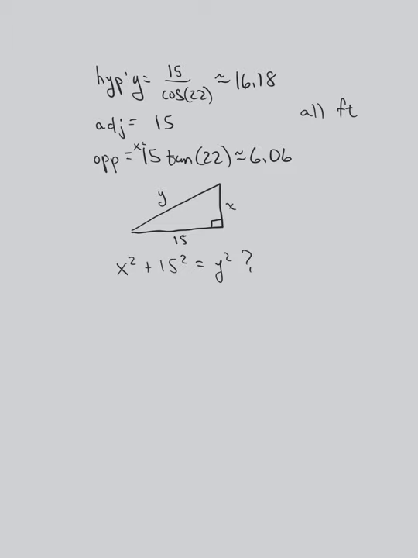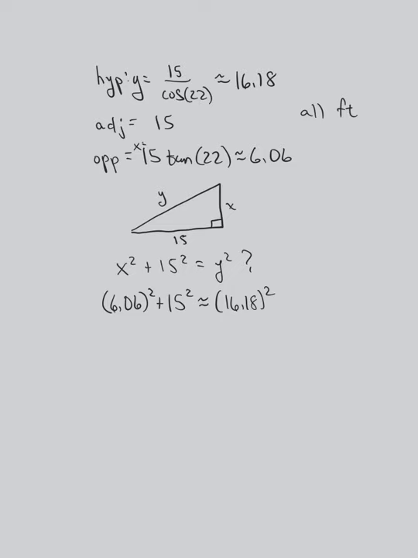And so what we want to do is fill things in. Let's try it with these approximates here. So if we're correct, 6.06 squared plus 15 squared, at least approximately, should equal 16.18 squared. Now what we do is we compute each one of these sides separately. So first on my calculator, I type in 6.06 squared and then plus 15 squared.